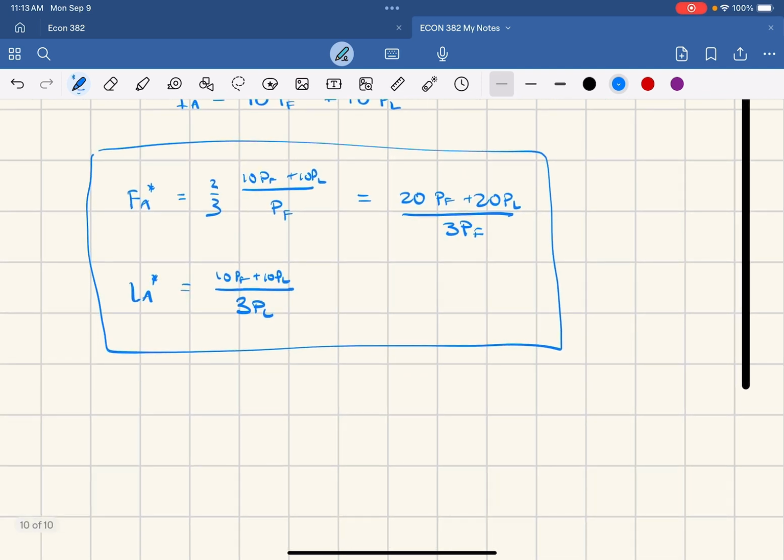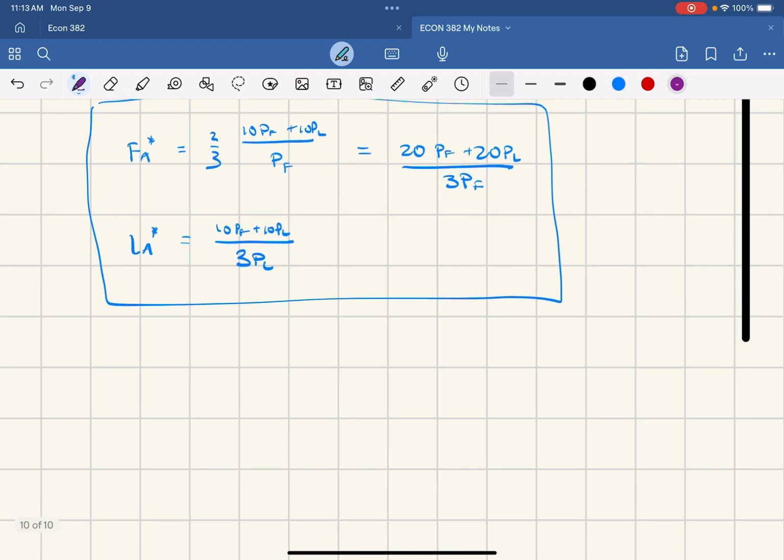Similarly, I can do the same thing for Eve. I can solve the same steps, but using Eve's utility function, I could show that the optimal amount of demand for Eve is equal to 10 PF plus 10 times the price of leaves divided by 3 times the price of figs, and that the optimal amount of leaves for Eve is equal to 20 PF plus 20 price of leaves over 3 PF.